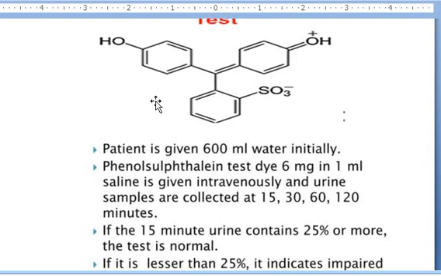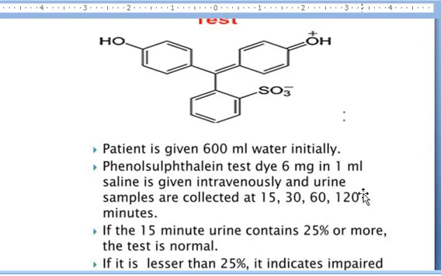In the method carried out for this test, the patient is initially given 600 ml of water. Then 6 milligrams of dye dissolved in 1 ml of saline is given intravenously, and the urine samples are collected at 15 minutes, 30 minutes, 60 minutes, and 120 minutes intervals.